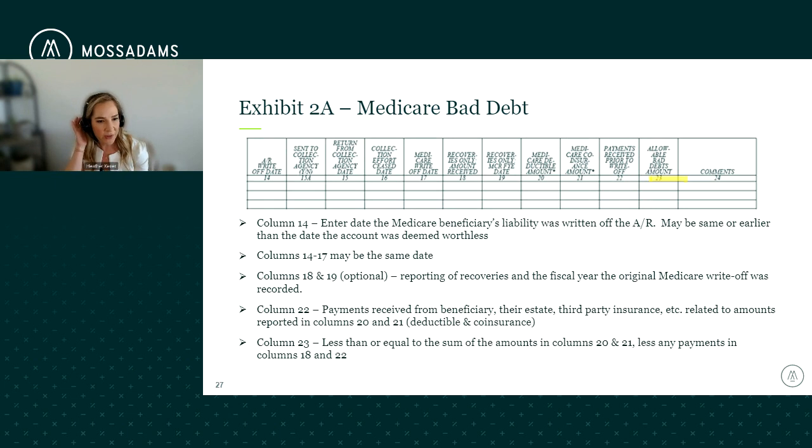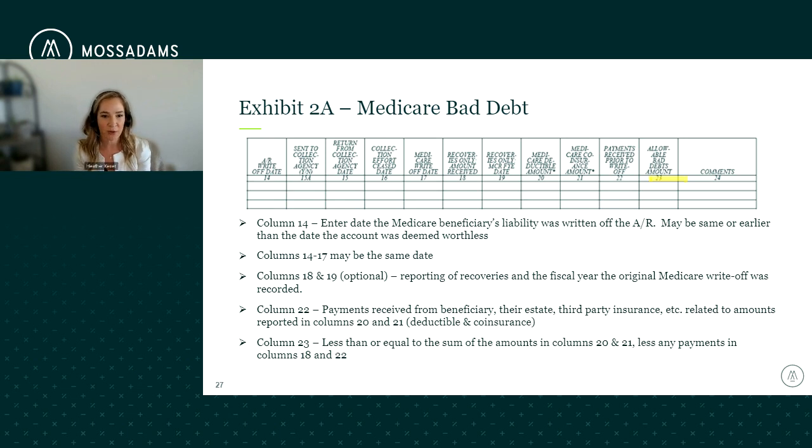In addition, on this particular side, they asked for a lot of additional date fields, such as the sent to collection agency, return from collection agency, and the date that the collection effort ceased. Majority of the time, your return from collection agency date and the date that the collection effort ceased will be the same, unless for any reason you do some type of internal collections after it's been returned from a collection agency.